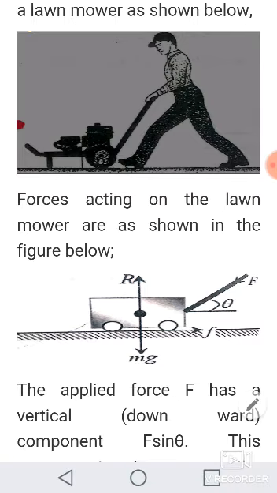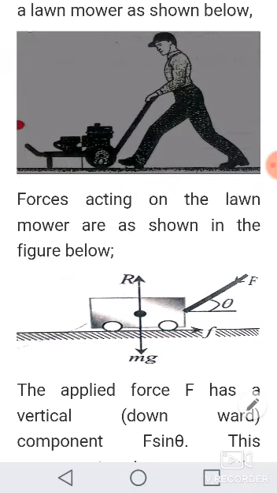Then a force is being applied on that lawnmower, or a table, anything like that, at an angle theta above the horizontal. So this man is pushing. When this man pushes this object, it's going to move forward, and as it moves forward, there is a friction opposing the motion.